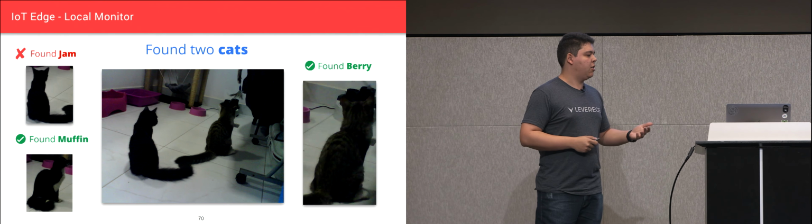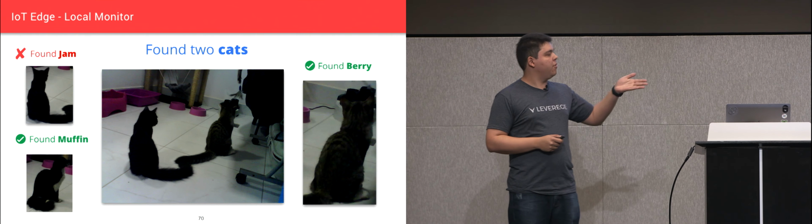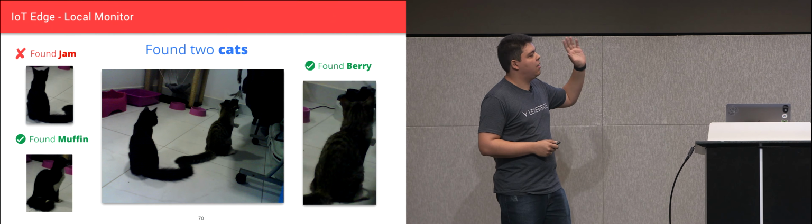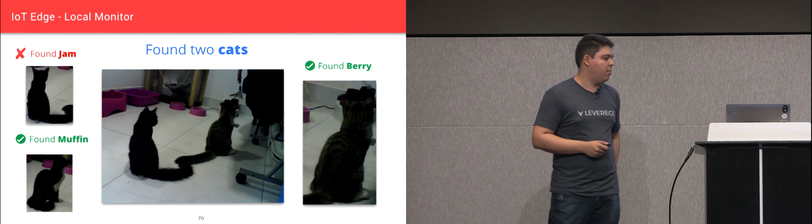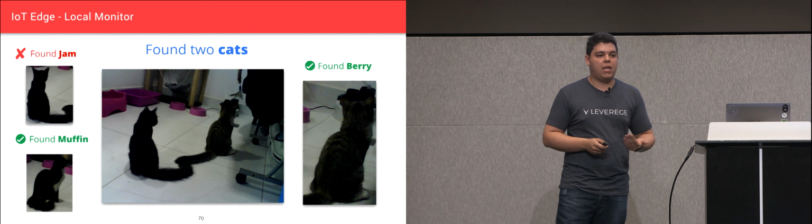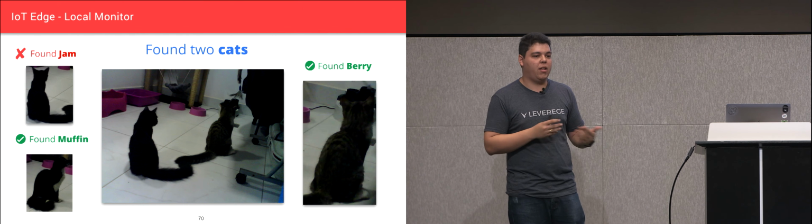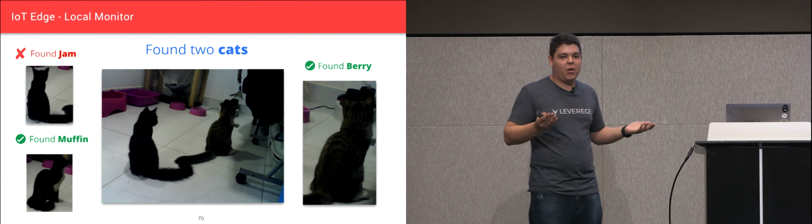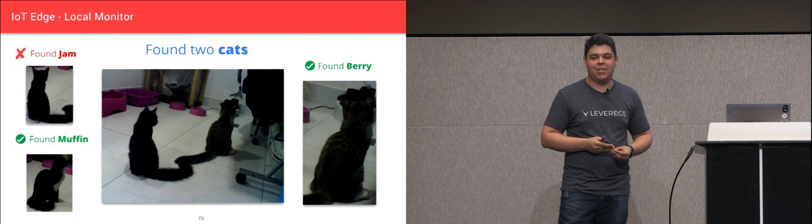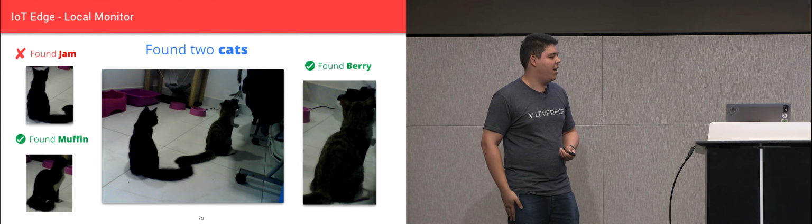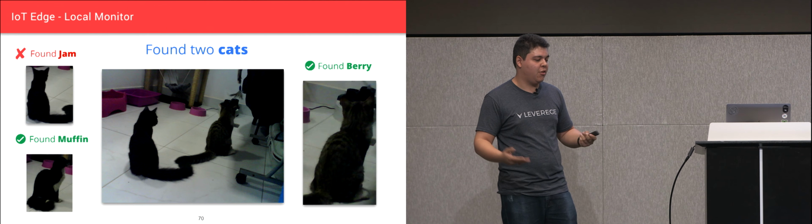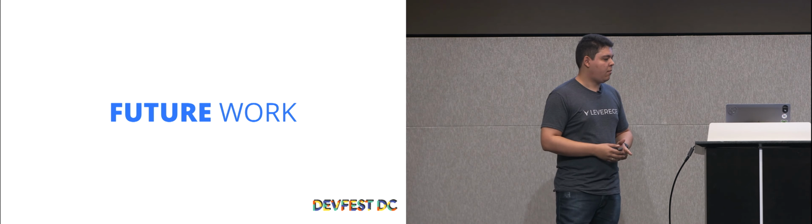But that's basically it. In this case, as you can see, it found 2 cats, cropped the images, and classified them using my other custom model. But I didn't try to use that on a Raspberry Pi yet. I just ran it on my computer, where it had a good performance. So I hope on the Raspberry Pi I can also get a good performance.